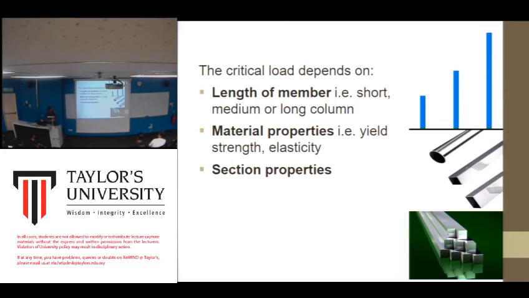The second one is material properties, for example yield strength. This is physics, so there are calculations for that. Then the elasticity of the material. For example, plastic or timber is more elastic compared to concrete. Elasticity is something like plastic: when you compress or push down, it goes back to the original position, the original shape.